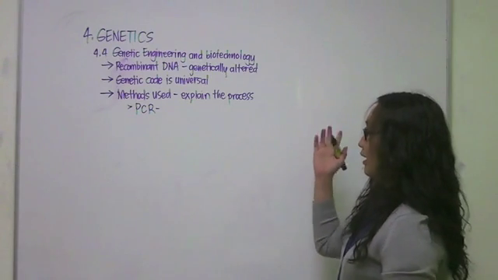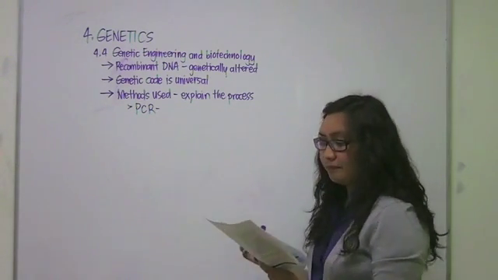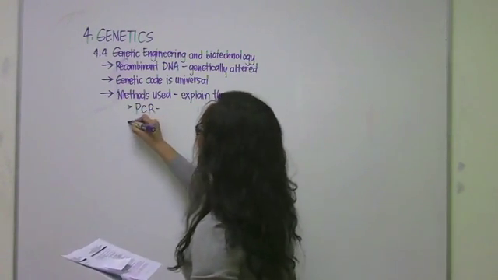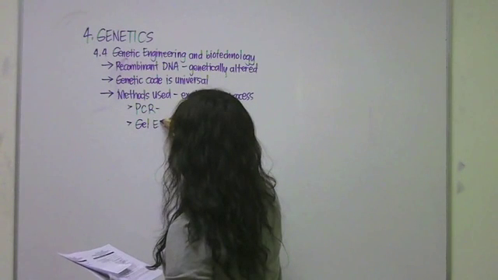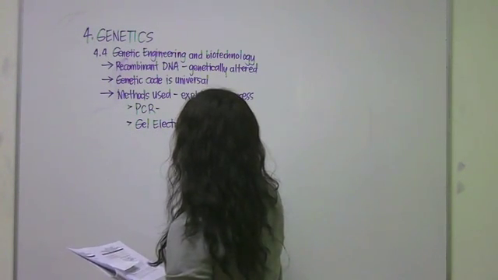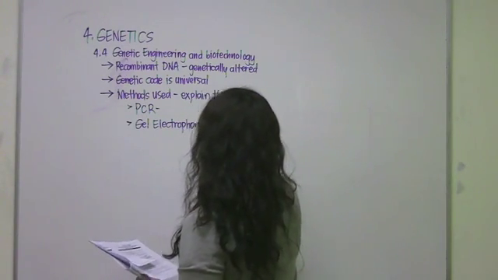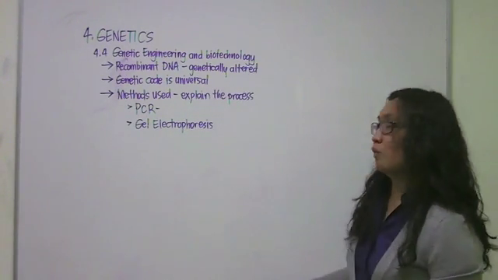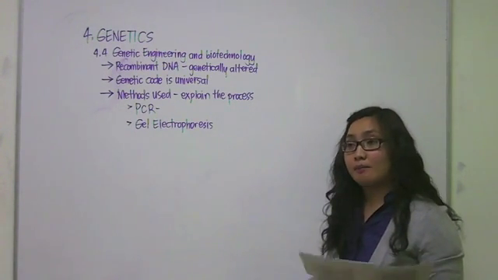Okay, so we have to reiterate. We have to explain further on the process as well. Next, the process that is being used, we have to explain gel electrophoresis. Gel electrophoresis is a process wherein we want to separate organic charged molecules.